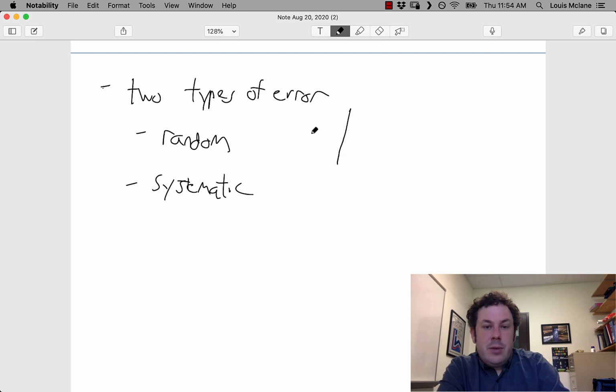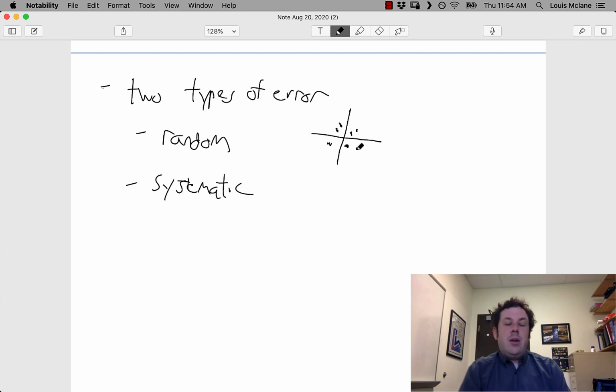You have a plot here, and you expect the value that you're going to have is at the origin here. And so if you take a bunch of measurements, you'll find that you kind of get a scatter around that value. So the random error is the fact that you just get all these values, and every time you take a measurement, it's slightly different than the last time. And there's a bunch of reasons for that, and we'll talk about that.